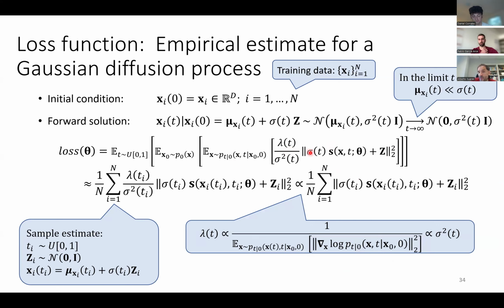So actually, we're giving too much weight to points with small noise. And we want to give also large weight to time instances where you have injected a lot of noise. So that's the rationale of just forgetting about this prefactor and putting a 1 instead.